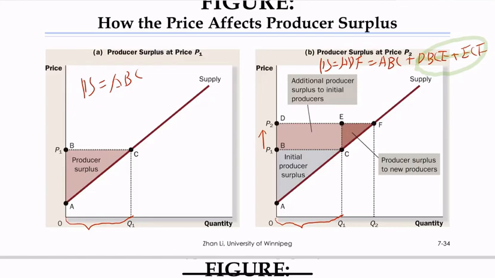However, they're selling at a higher price. So this causes additional producer surplus, right? To be more specific, this is the additional producer surplus to initial producers, those same sellers at price P1. And now for ECF, it's because now you're having a higher price, right? So these sellers will enter the market because now they can sell at a profit. So this part is producer surplus because new producers enter the market.